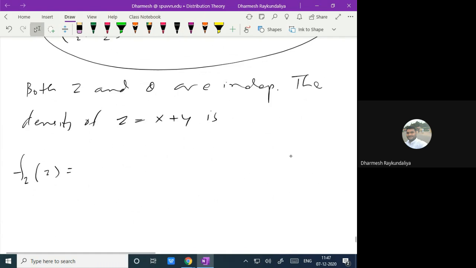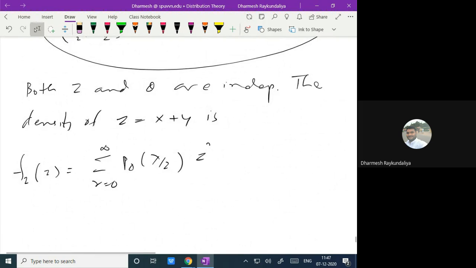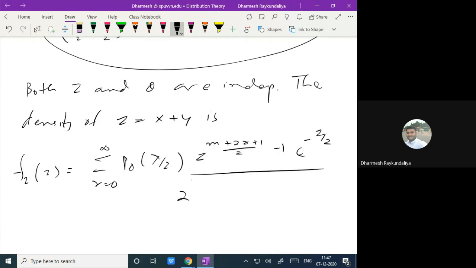z is nothing but the summation over r equal to 0 to infinity of P_r(lambda/2) into z raised to m plus 2r plus 1 by 2 minus 1, e raised to minus z by 2, upon 2 raised to (m plus 2r plus 1)/2 into gamma of (m plus 2r plus 1)/2.